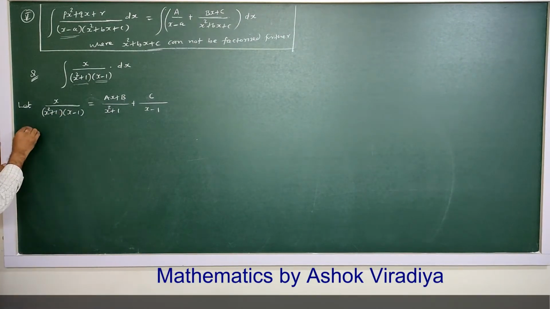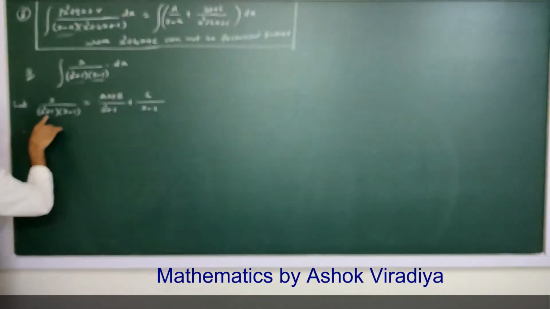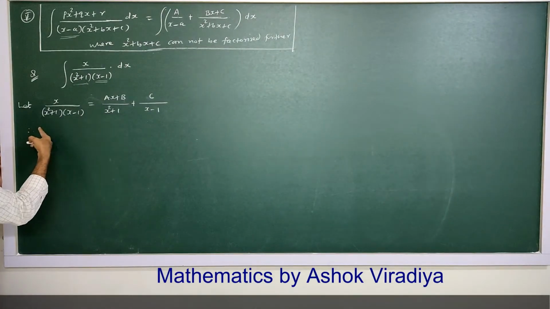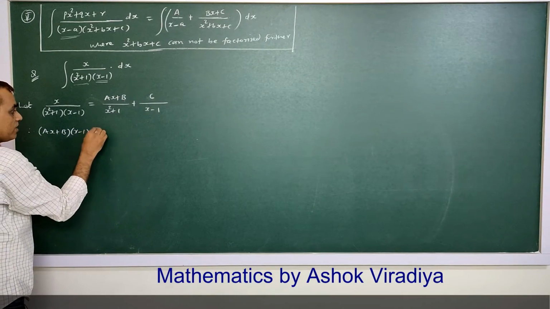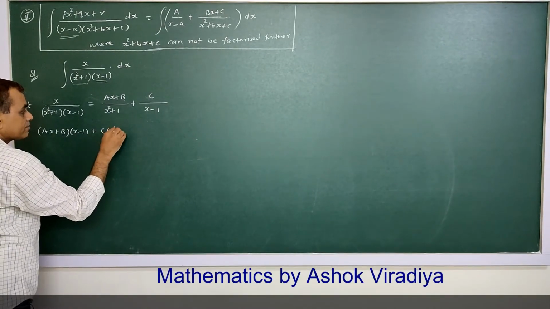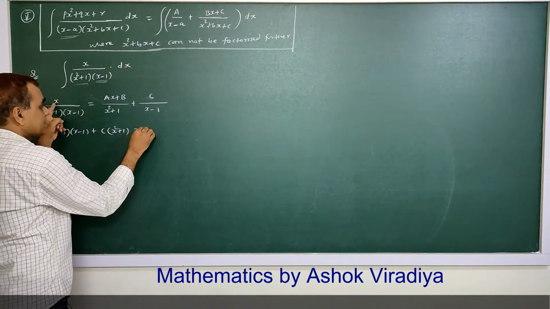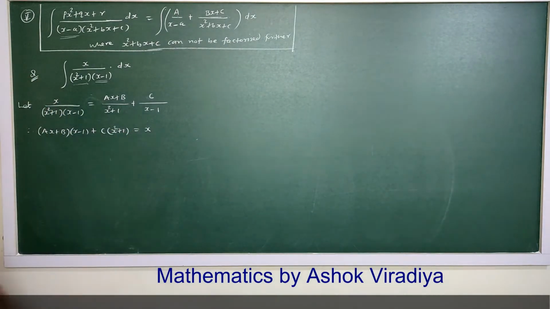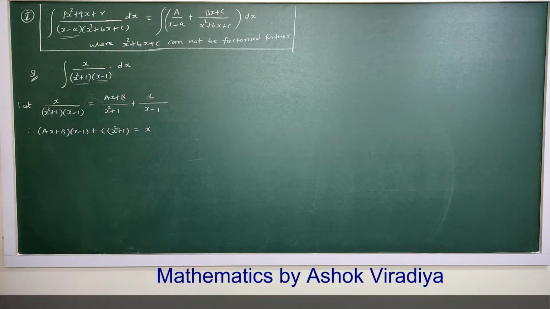Then the next step is, the LCM of this will be this number. It will be cancelled. So (ax plus b) into (x minus 1) plus c into (x square plus 1) is equal to x. Multiply this number with x minus 1, this number with x square plus 1.